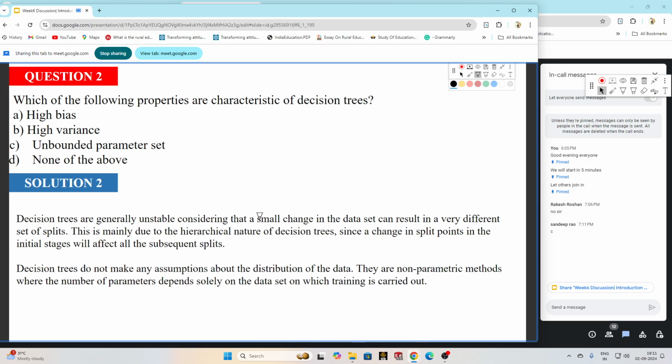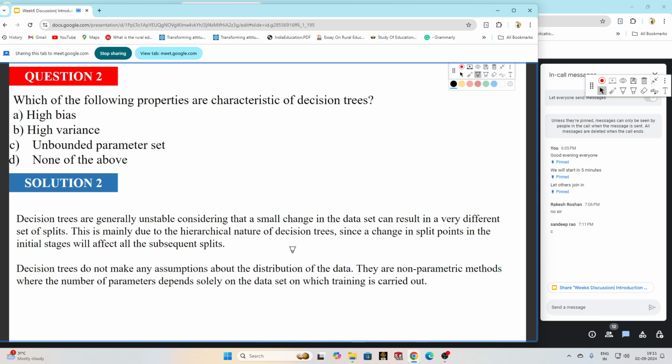Okay, so talking about decision trees, they are generally unstable. A small change in the data set can result in a very different set of splits, because it all depends on data, right? We have solved the example, whatever information gain or gini index we find out, it all depends on data.